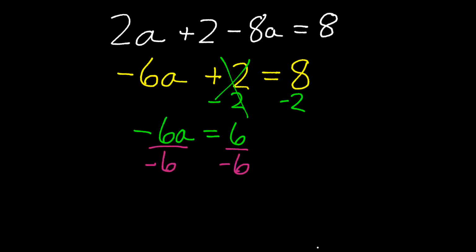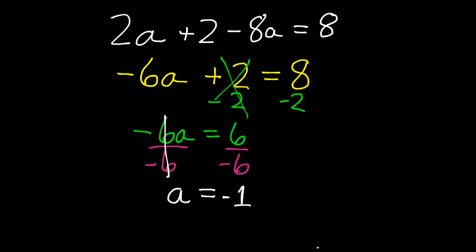So negative 6 divided by negative 6 is 1. So these are going to just become 1a, which is what we want. And then 6 divided by negative 6 is also 1, but since one term is positive and one term is negative, it's a negative 1. So a should equal negative 1.